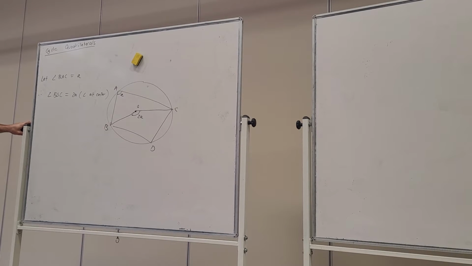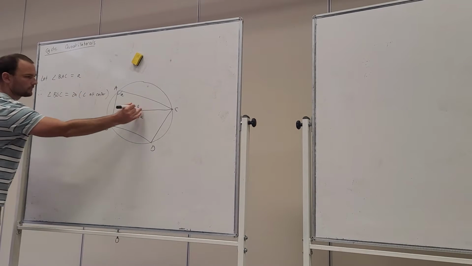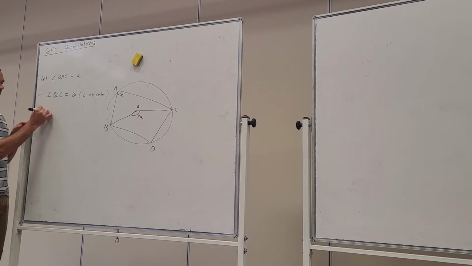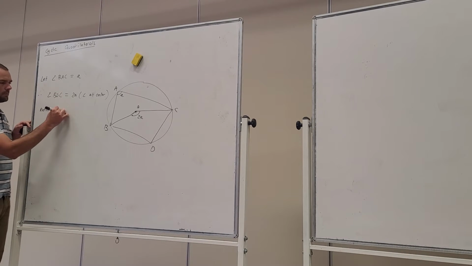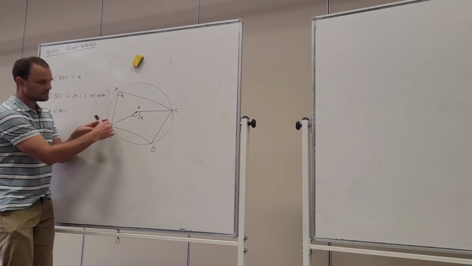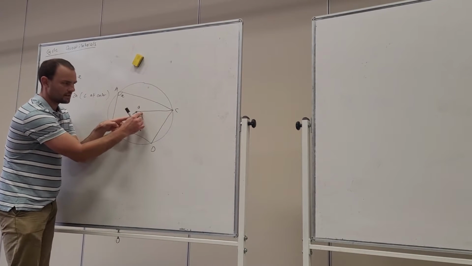Then, O is the center of the circle. Point O, yep, that's the center point of origin. Then let's introduce some new terminology. We're going to call it the reflex of angle BOC. So I've described this is angle BOC, it's this angle inside here.